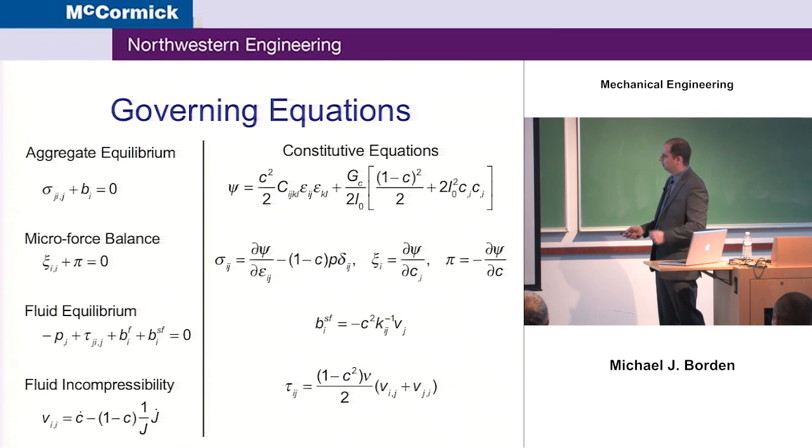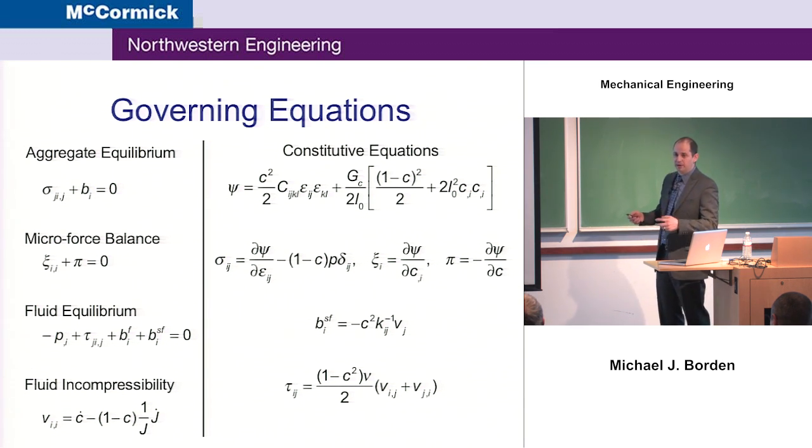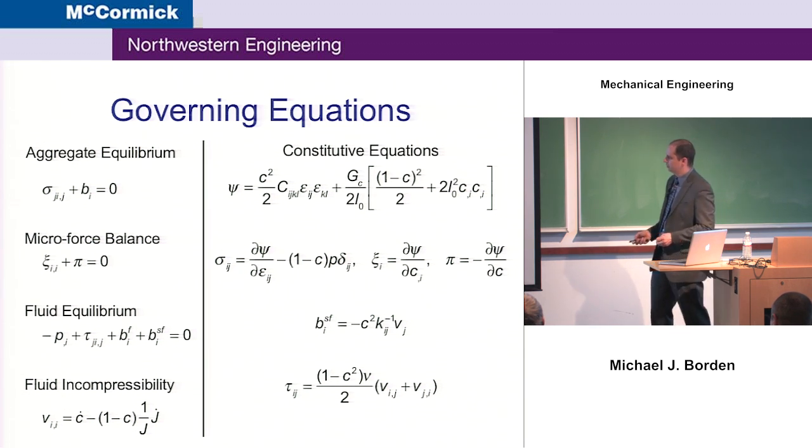This is just a compact way of writing the phase field equations, where these terms are now defined like this. We have fluid equilibrium, where we have a term that's here, the stress for Stokes flow, defined over here. We have a body force, which is the force applied to the fluid from the solid, which is now some kind of Darcy term. And then we have fluid incompressibility here, where we look at 1 minus C as the porosity.